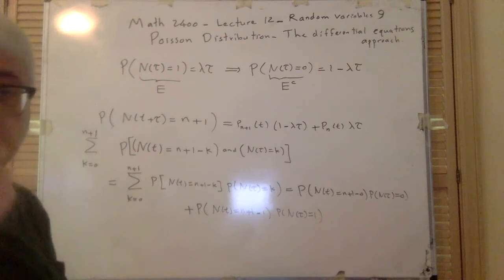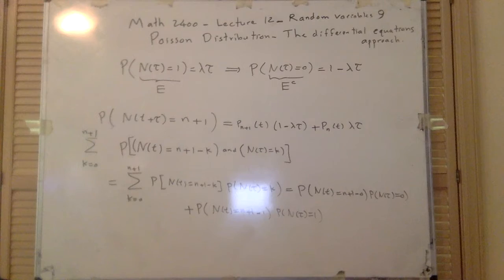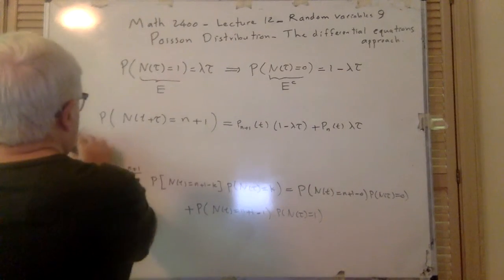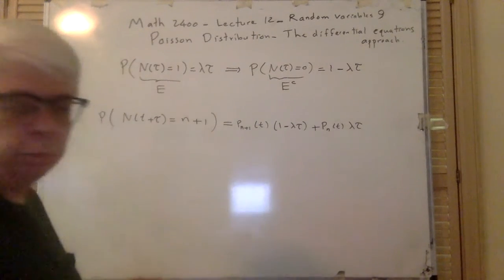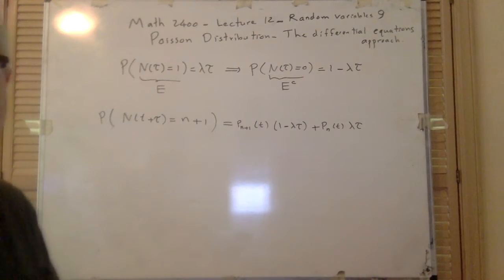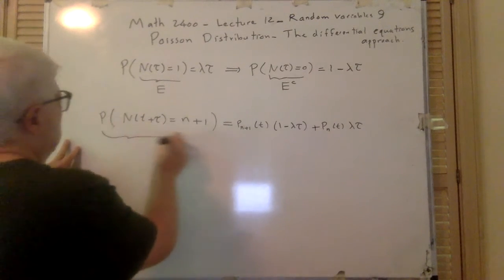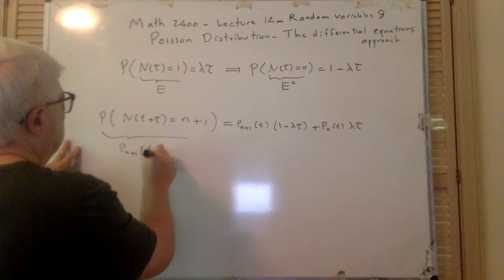Okay, so now let's put them together, and if I put them together, I will get this. So this is P_{n+1} of t plus tau, right?